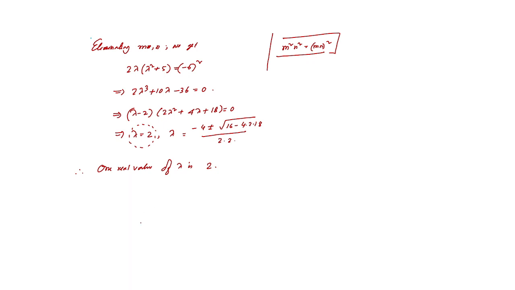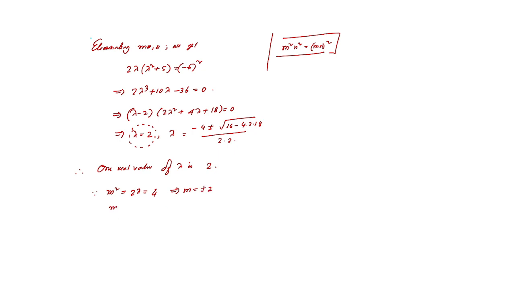So now one value of lambda is 2. So now we will find out the value of m and n. What is m square? M square equals to 2 lambda. So 2 into 2, this is basically 4 since lambda equals to 2. And that implies m equals to plus minus 2.